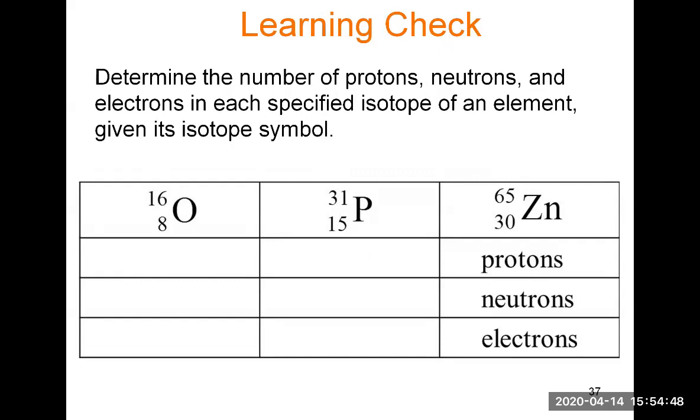So oxygen atomic number is 8 according to the periodic table and according to the lower left number there. So that's going to be the number of protons and the number of electrons since it is neutral. To obtain the number of neutrons, you do 16 minus 8, which is 8.